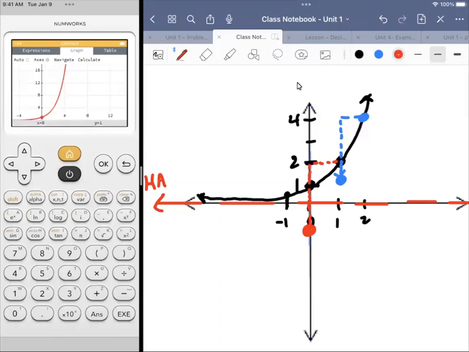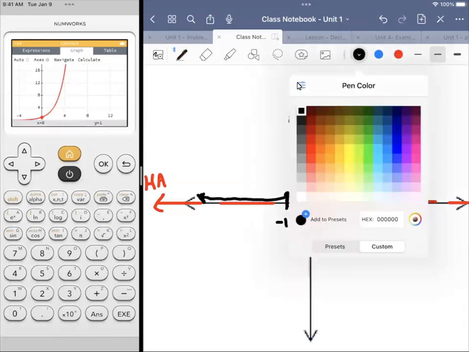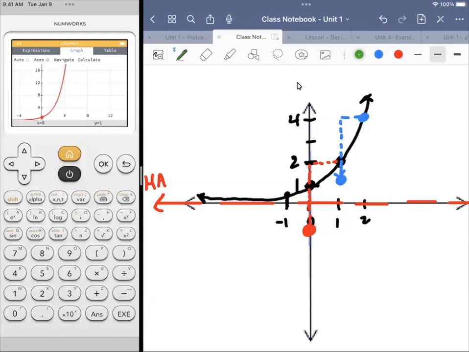The next point, get a green involved. The one at the origin is going to go again left 1, down 1, 2, and 1 more. And then we have that one additional point there, which I'll cycle back to blue here. That's actually at a half a unit. So if you want to count half boxes, that could be tricky.